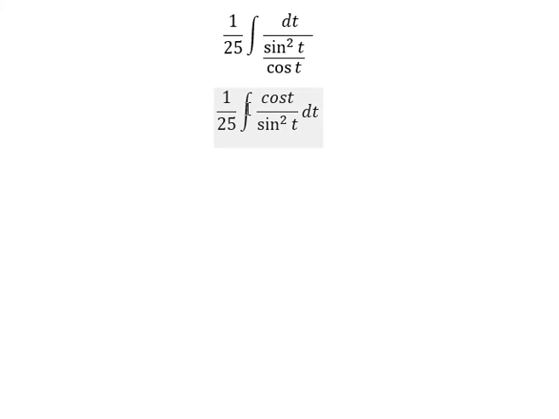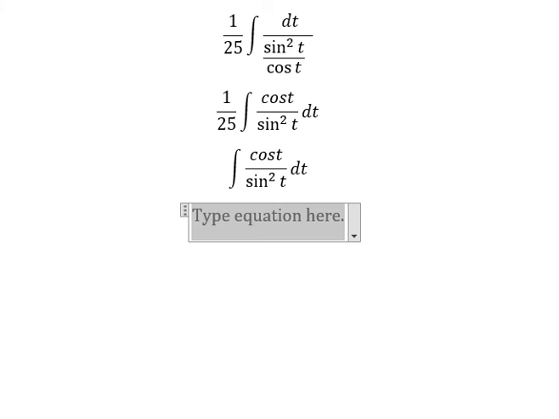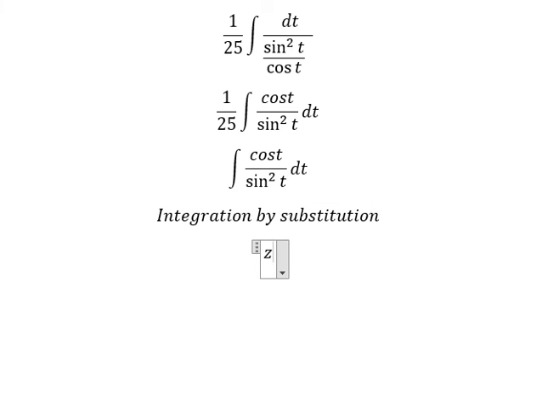And now I need to concentrate on this one only. We can use integration by substitution. So I will put z equals sine t. dz, you get cosine t dt.